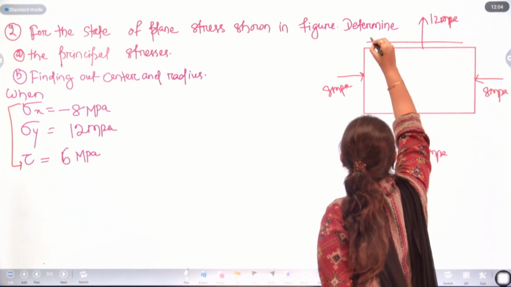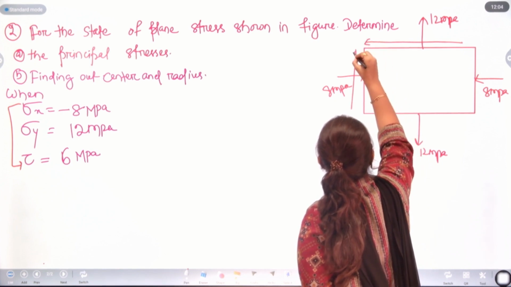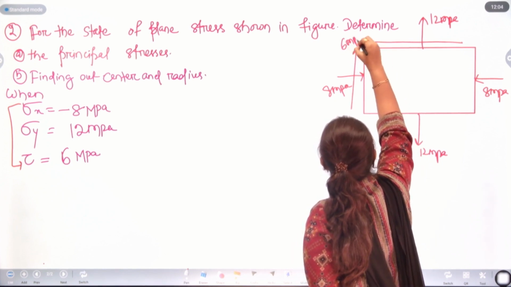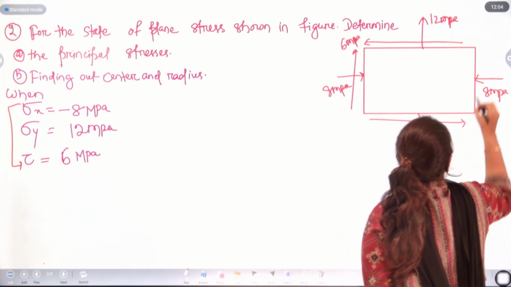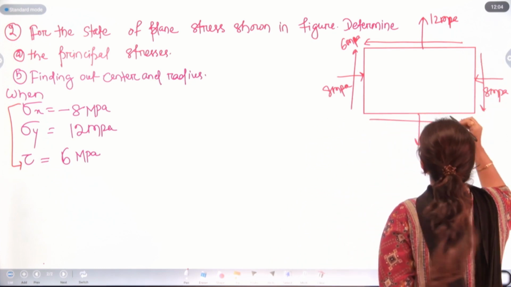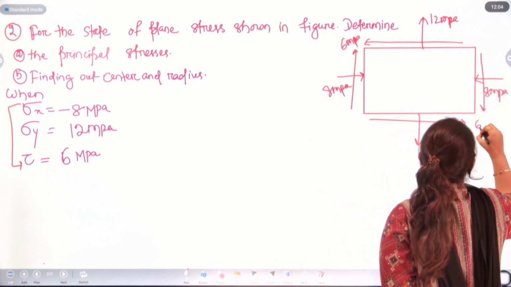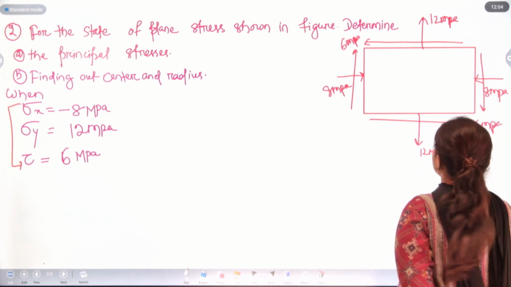So, one will be clockwise and another one will be anti-clockwise sign.